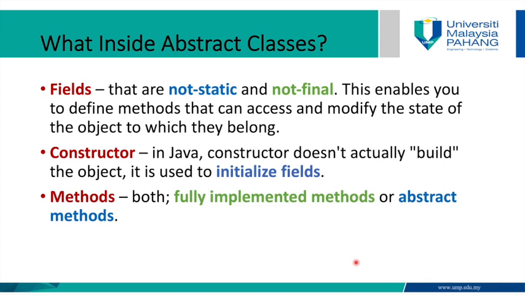Okay, you can include fully implemented methods that have all the implementation code in them, or an abstract method. An abstract method actually is an empty method. If you use an abstract method, that means no implementation in it.